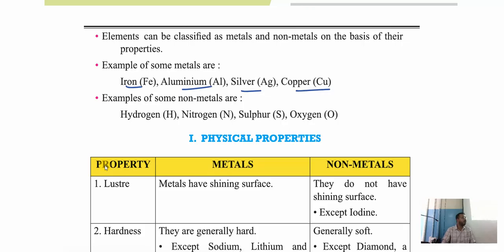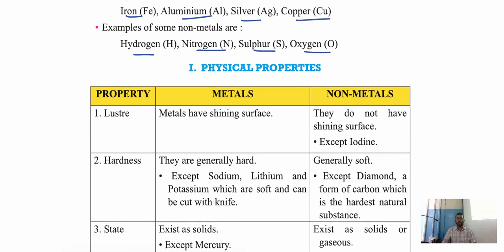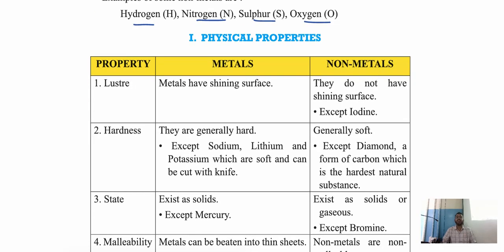Be careful to symbolize the elements. So some non-metals are hydrogen, nitrogen, sulfur and oxygen. Now we have understood few examples of metals and non-metals. Now first let us understand physical properties. My dear students, in exam they may ask you this question.